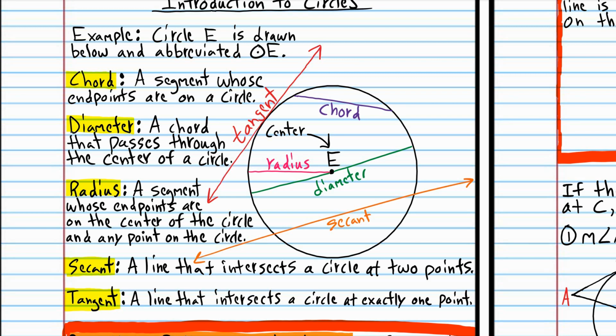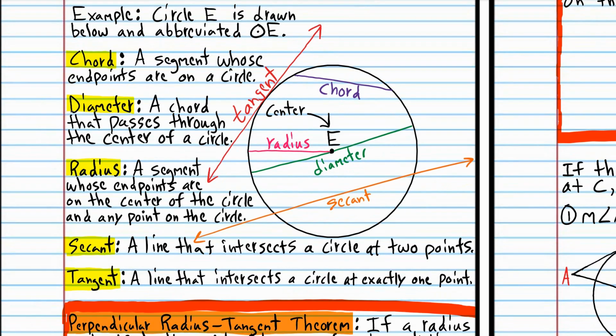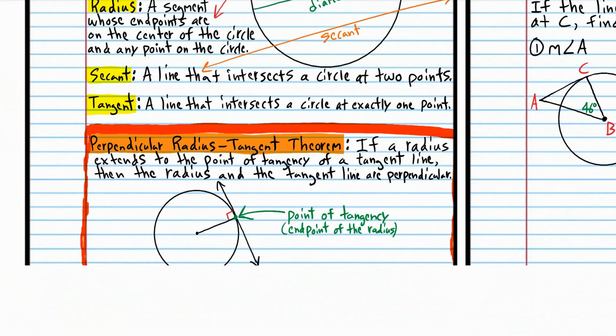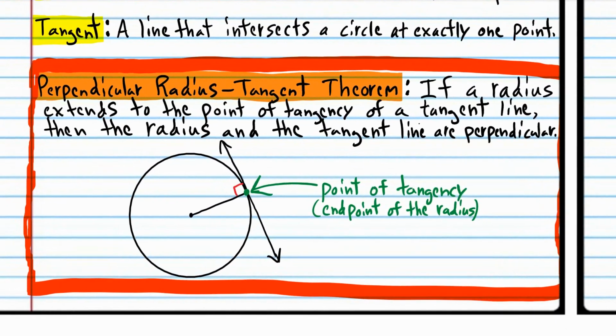So we're going to go back over that stuff in more detail as we go along here, but let's learn our first theorem for the day. This is the Perpendicular Radius-Tangent Theorem. Other textbooks may give it a different name, probably a number, more than likely.